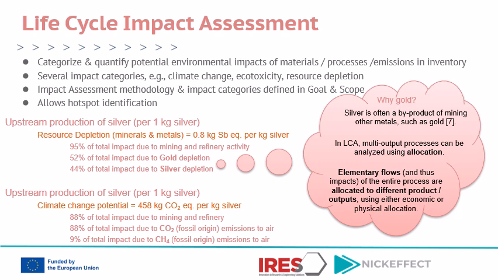So basically this, the fact that we sum up all the elementary flows and divide them over the different products, is why we can encounter gold as quite a significant contributor to resource depletion during silver production.